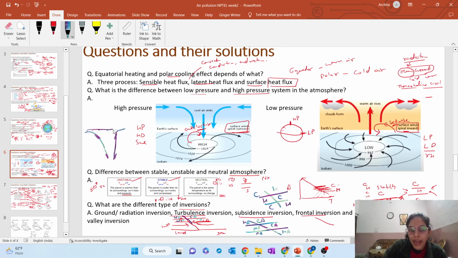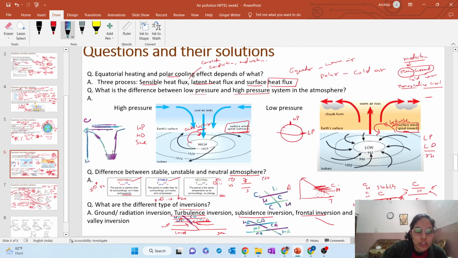So ideally this should be hot air at the bottom and cold air at the top. So cold air is there, but downwards, because there is less dispersion, there is more transfer of heat from the land near the bottom of the valley.